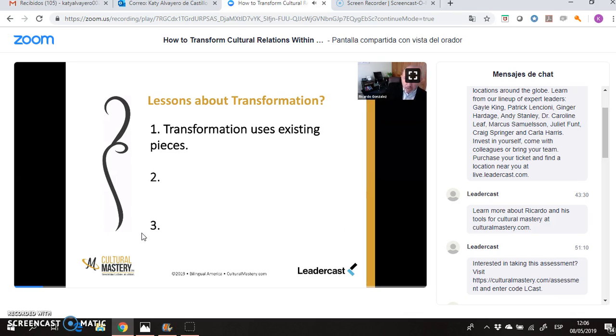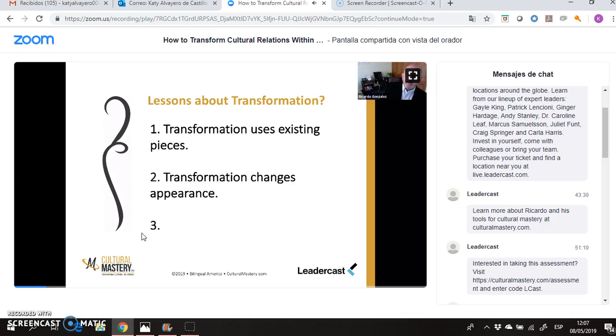A lot of times when we have a quote-unquote turnaround artist come into an organization, one of the first things they do is start getting rid of employees and staff and downsizing, getting rid of the existing pieces. But real transformation happens when you actually repurpose and resize the existing pieces. That's the first lesson from these transformer toys.